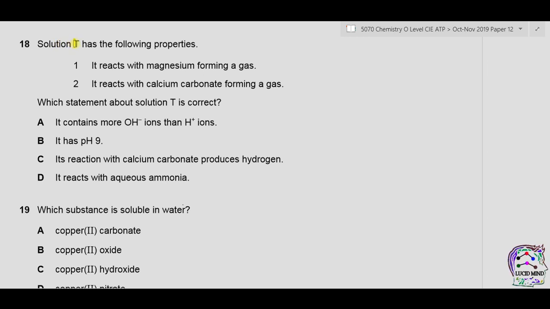Question 18. Solution T has the following properties. Number 1. It reacts with magnesium forming a gas. Number 2. It reacts with calcium carbonate forming a gas. Which statement about solution T is correct? Now magnesium is a metal and calcium carbonate is a carbonate.